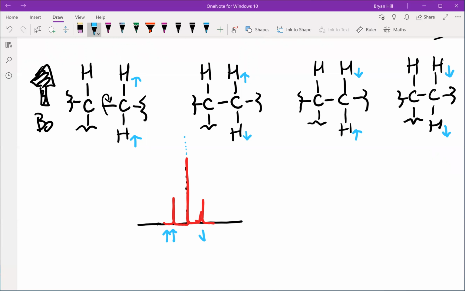There's one scenario where you resonate way over here, because you're shielded, since they're both opposing the field. And then there are two scenarios in the middle where you resonate exactly where you were supposed to. And so the signal ratio is 1 to 2 to 1. This peak would be 1, this peak would be 1, and this peak would be 2, because there are two possible scenarios there.